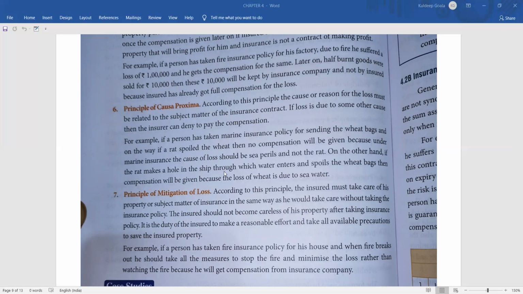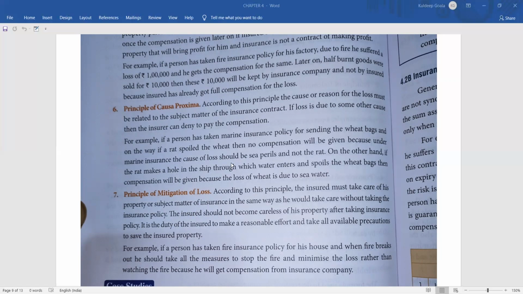Like suppose a particular person has done cancer insurance. Okay, let's not take it personal. May this type of thing not happen to anyone in the world. Let's take the example that a person has done a cancer insurance and he is suffering from, say, some bone density problem, or some other problem which is not related to cancer.